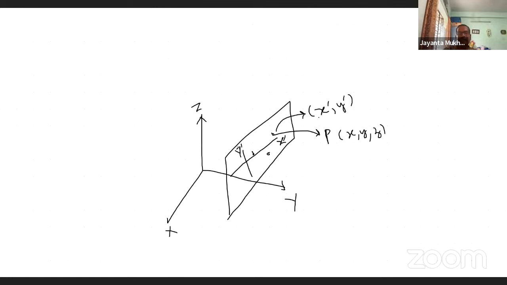So what is the direction where the variance of the projected data is maximum? Let me use a new figure.